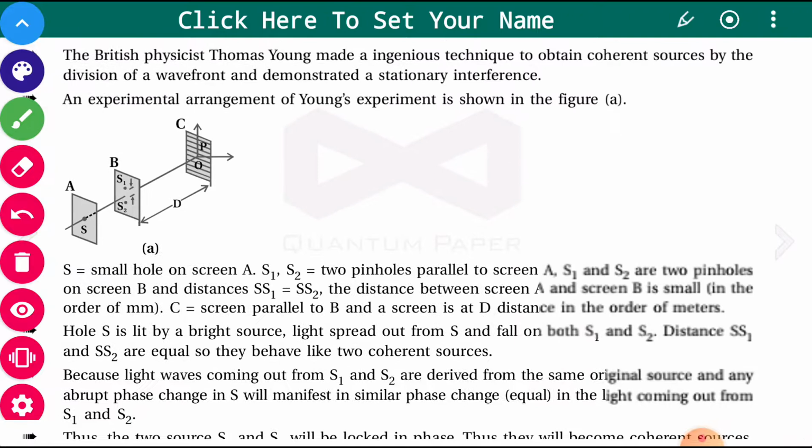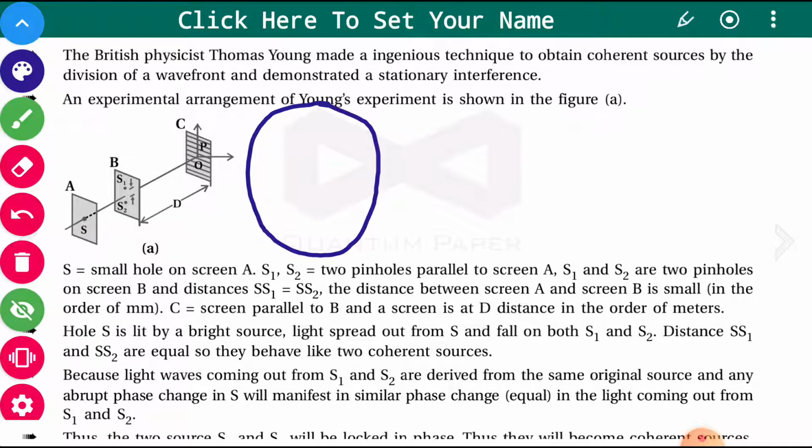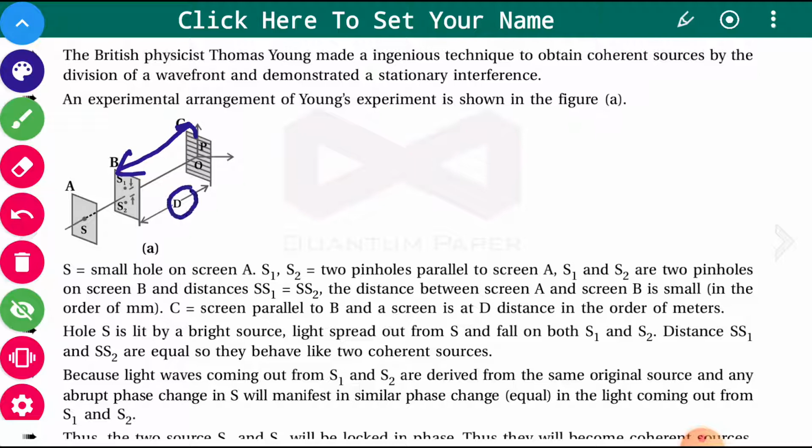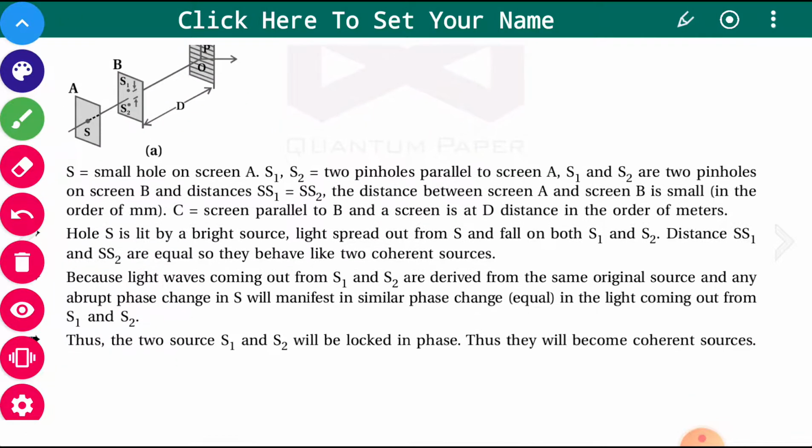It is kept parallel to the second screen, and the distance between B and C is capital D. Now S is lit by a bright source. Light spreads out from S and falls on both S1 and S2. The distances SS1 and SS2 are equal, so they behave like a coherent source.